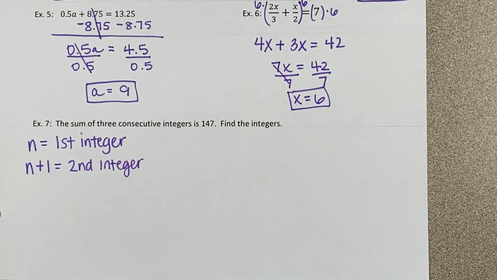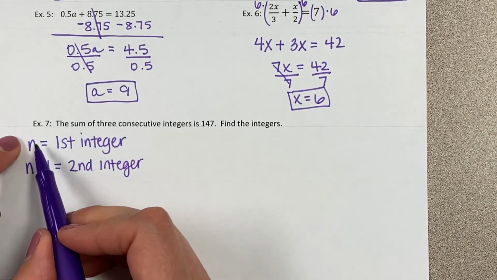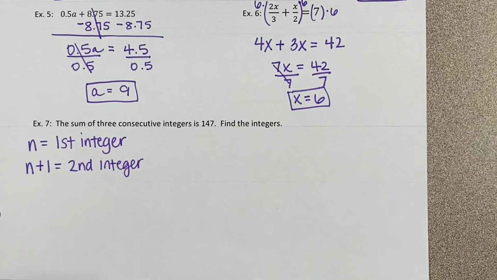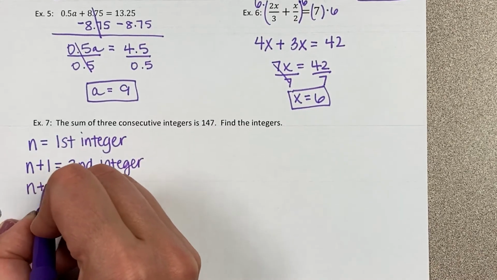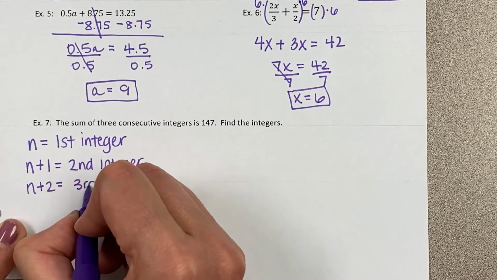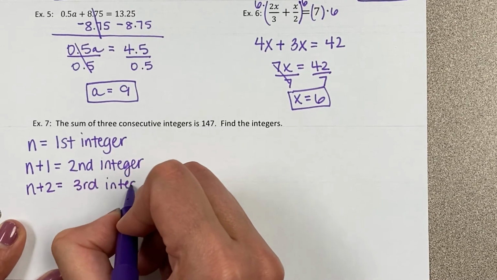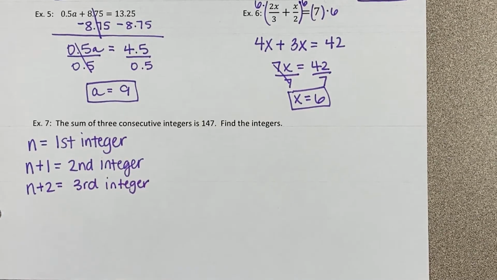If I need the third integer, I'm going to take n and add 2. That's my third integer. If I wanted to find the fourth, I would add 3 to n. So you see how it'll go on? It kind of forms a pattern.